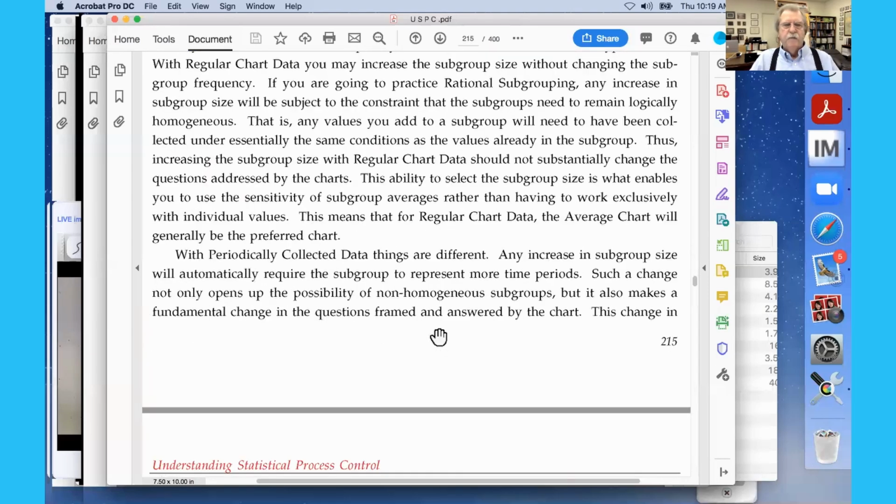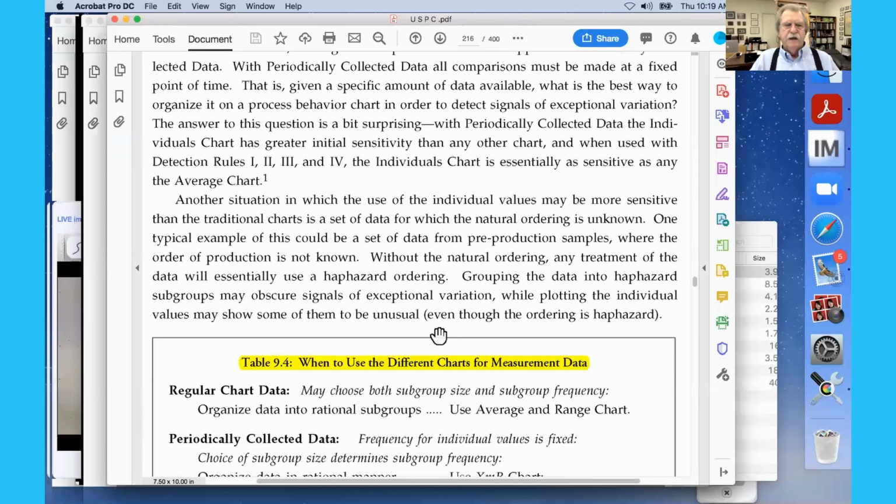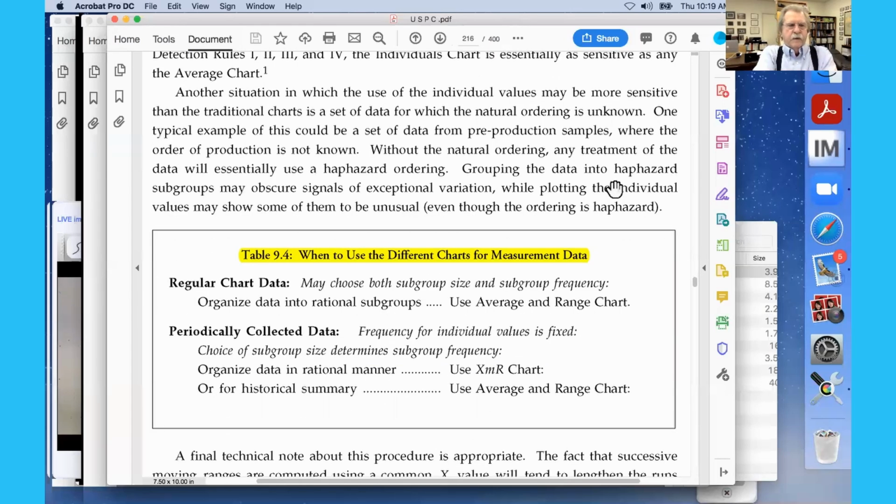So, middle of page 216. Regular chart data: you may choose both subgroup size and subgroup frequency. Organize the data into rational subgroups. Now, rational subgrouping is a major topic for this afternoon.